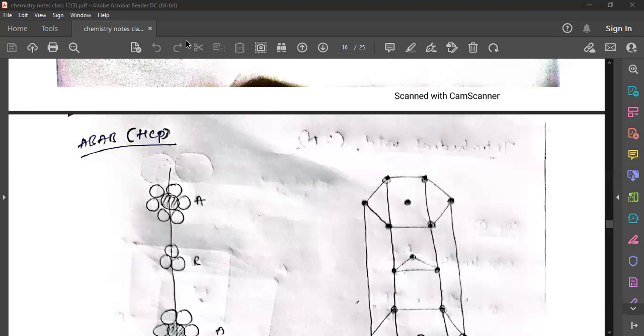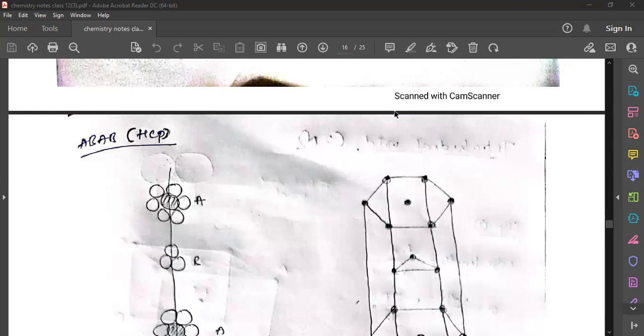What is HCP? What is the meaning of HCP?